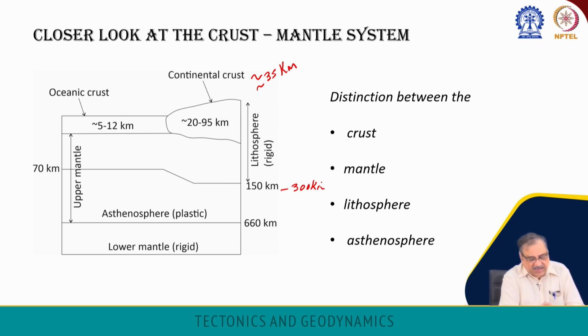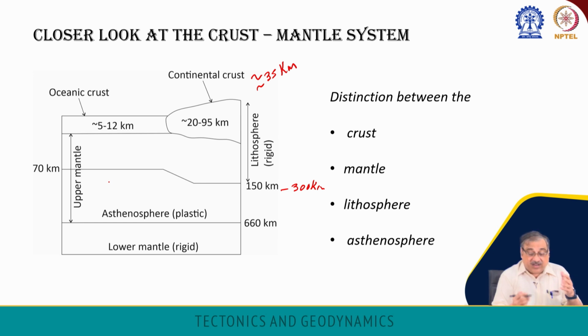Just below this is a zone where seismic wave velocities show a drop. Now, the interpretations of why they drop, in terms of what material makes it up, are numerous. We won't go into that right now, but what's important to note is that it indicates that there is a change in the mechanical behavior of the material that makes up the mantle. So, this part of the mantle just below this particular interface that I am showing here is actually fluid, it's more plastic in nature.